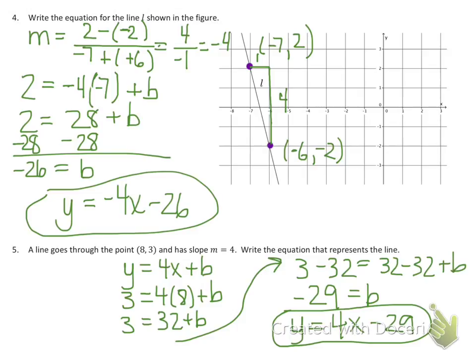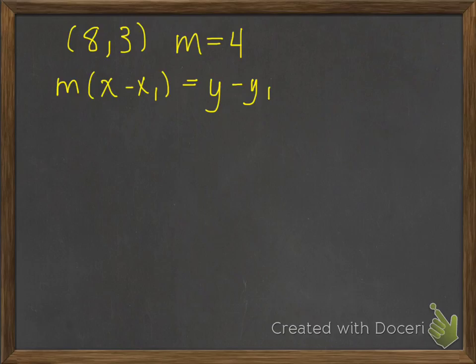Okay, I'd like to look at this problem a slightly different way. All right, so let's start with the point 8,3, a slope of 4 like we just did. And I can plug it into this formula directly. So let's see what happens when we do that.